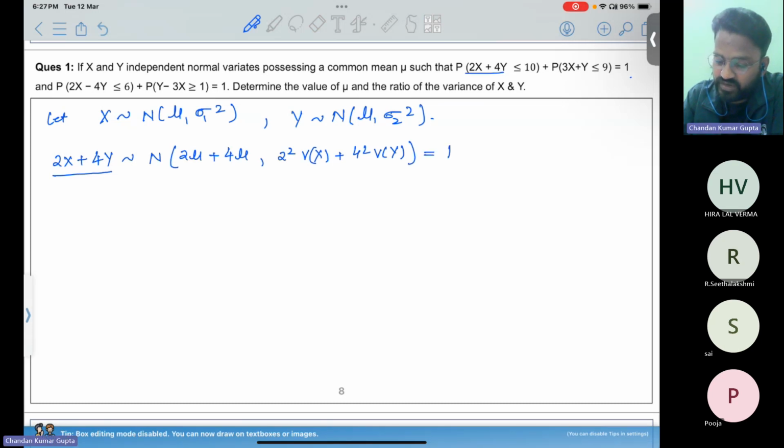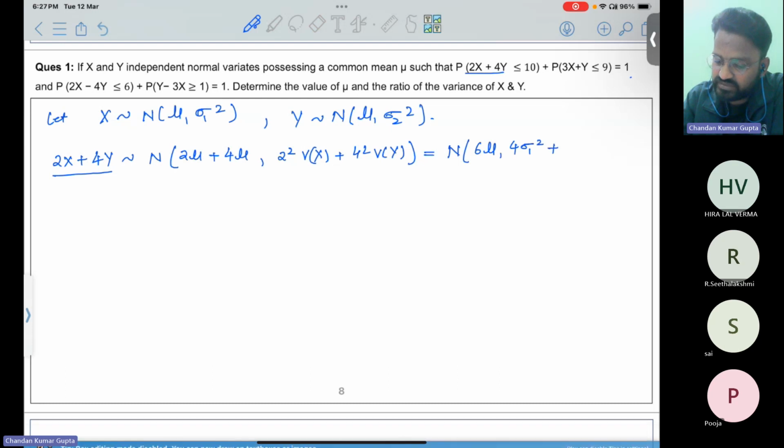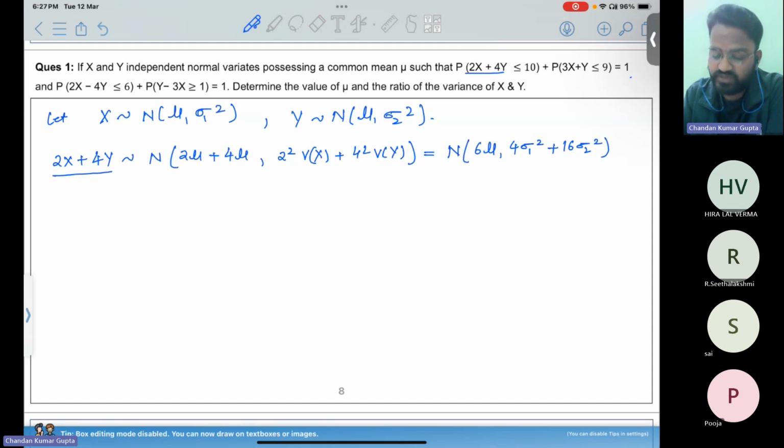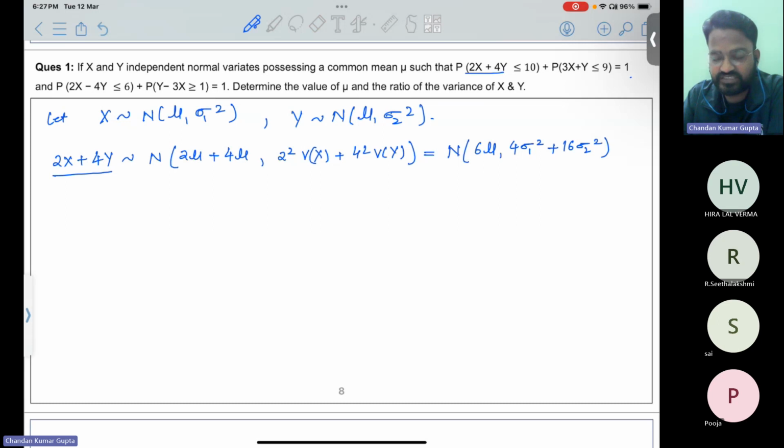This implies a normal distribution with mean 6 mu and variance 4 sigma 1 square plus 16 sigma 2 square. That means the variable 2x plus 4y follows a normal distribution with mean 6 mu and variance 4 sigma 1 square plus 16 sigma 2 square.